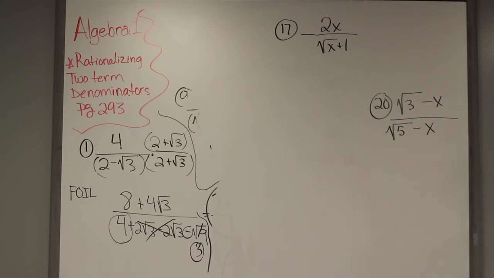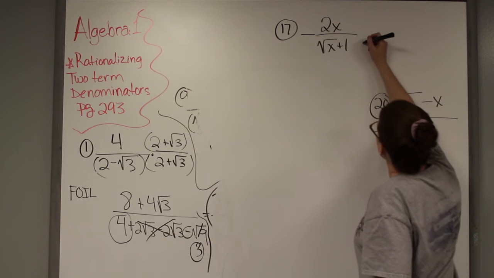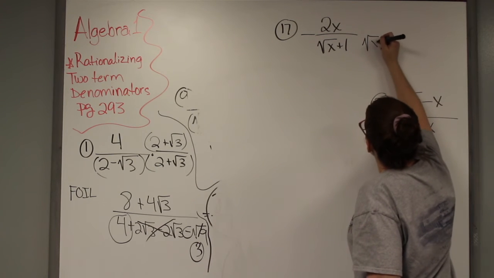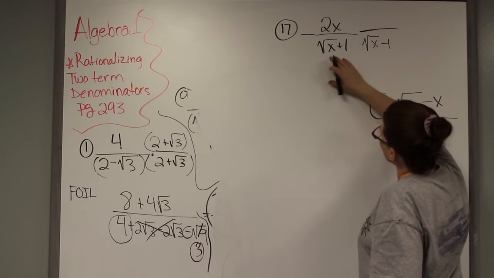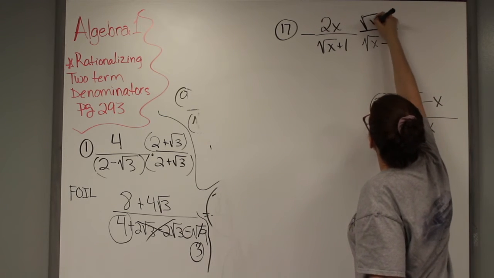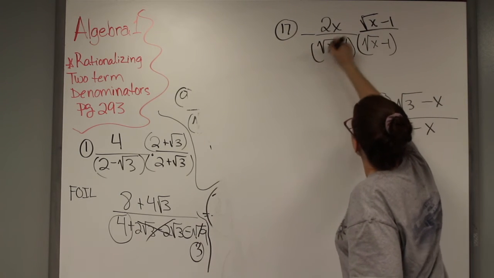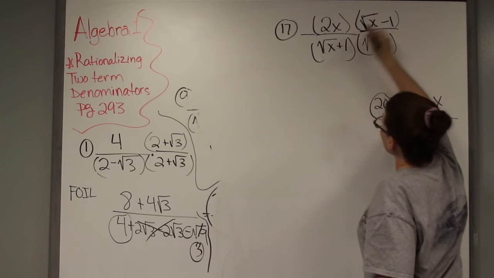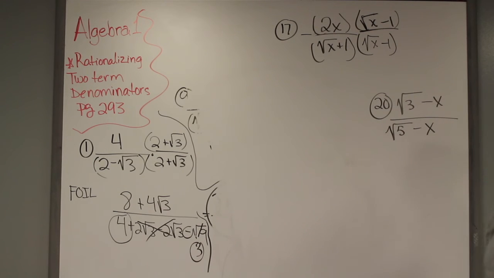Alright, problem 17 is right here, and when I multiply by its conjugate, all I'm going to do is put a negative 1 instead of a positive 1. Pay attention that even though it doesn't look like there's a big gap there, that problem is negative.